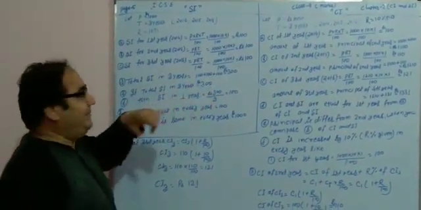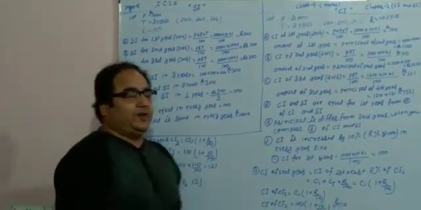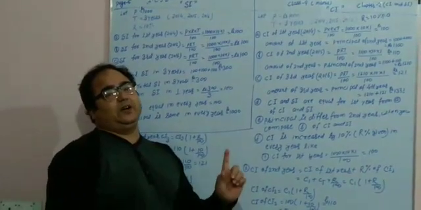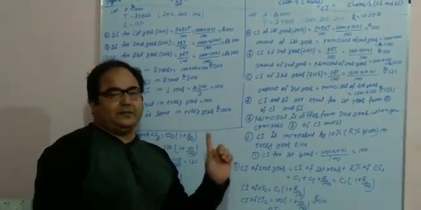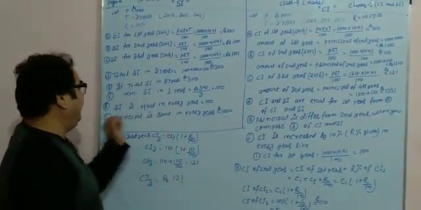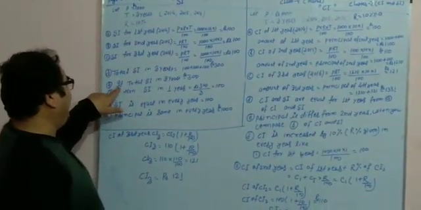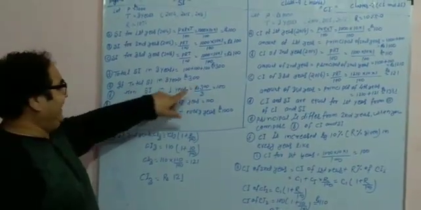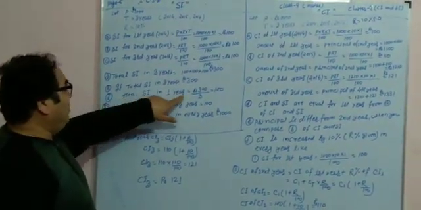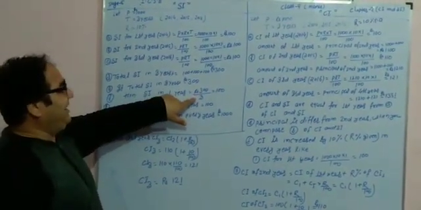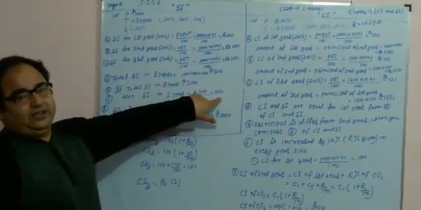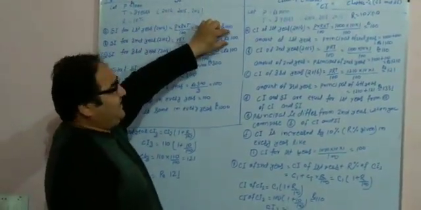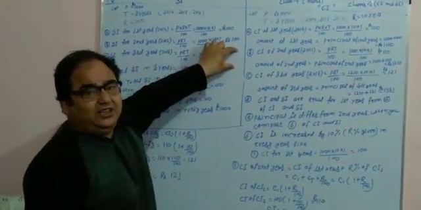Whenever you have to find the interest for 1 year in case of simple interest, as for example, if total SI in 3 years is 300, then the SI in 1 year is equal to 300 by 3, equal to 100. So that's why we can say that simple interest is the same in each and every year.